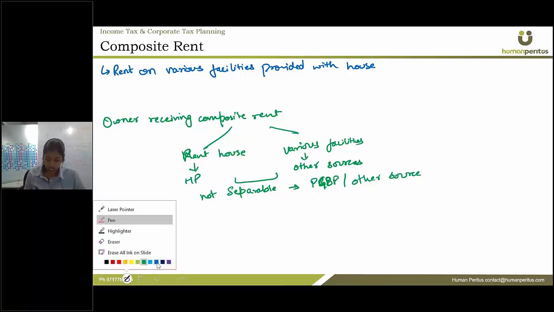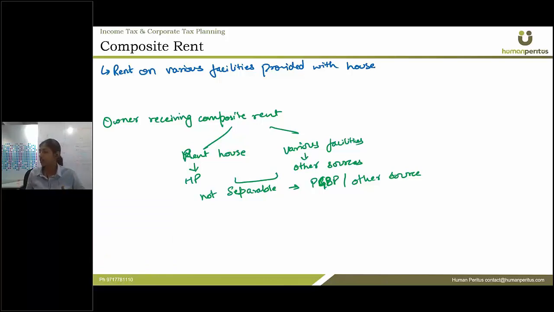There is another case, where the services provided are like hire charges of machinery. Not in the case of a house, but if the property is provided to a business owner or a manufacturer, the property is attached with machinery, and the rent includes the hire charges of the machinery.